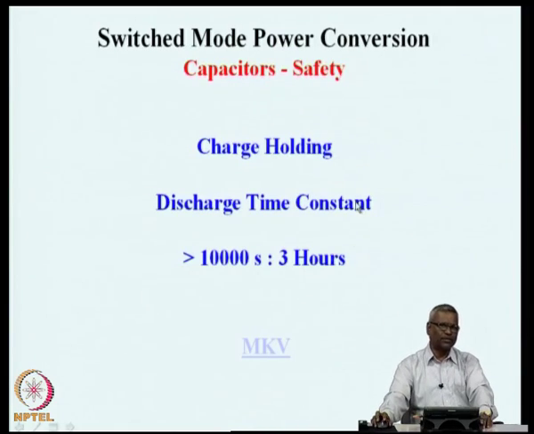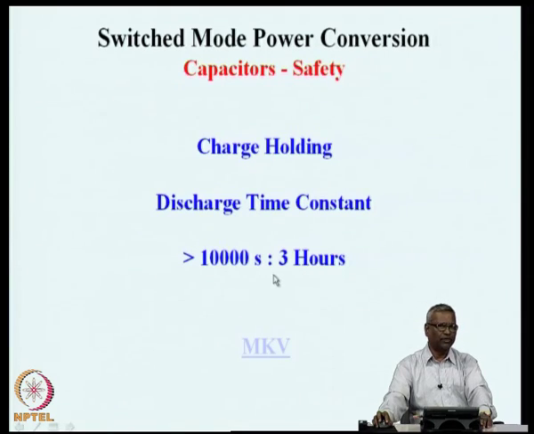Now, there are a few safety features one has to worry about when using capacitors, because the capacitors hold charge and this charge holding can be forever, because the leakage current being so small, the discharge time constant of a typical capacitance is about 10,000 seconds. It is almost 3 hours.